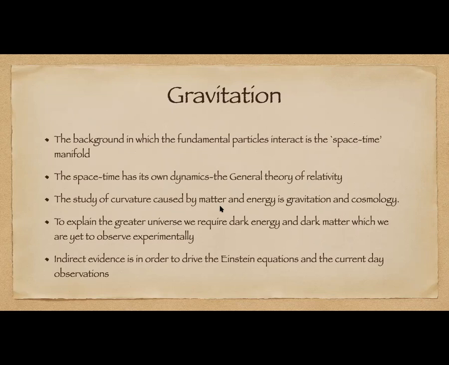And the entire existence of us is hinged on this theory of gravitation and the evolution of cosmology, which requires, in addition to the 4% visible matter, the dark energy and dark matter, which we haven't yet observed experimentally.